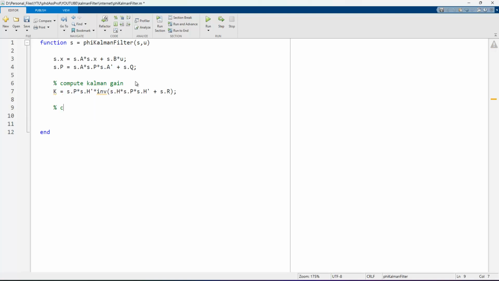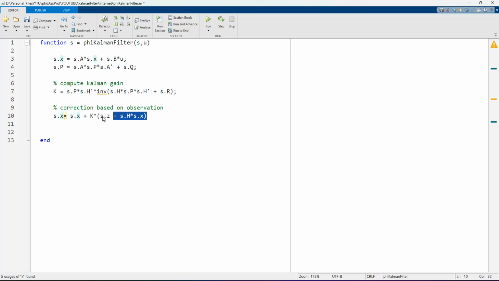And after that, correction based on observation should be given in here. Sx is equal to Sx plus K times Sz minus Sh times Sx.